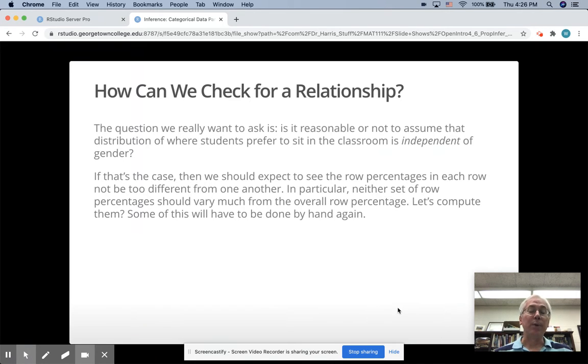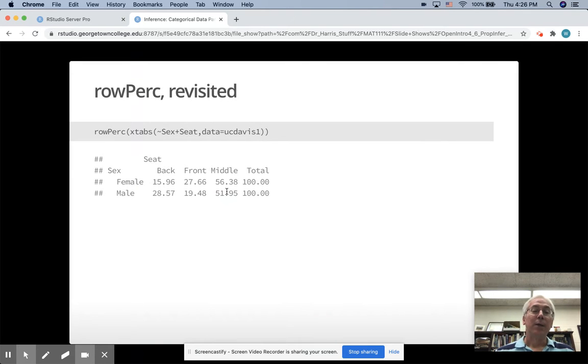And so if we apply rowPerc to the output of xtabs, we get the row percentages for the women and the men. And again, we see roughly 16% of the women said they prefer the back, about 27.5% prefer the front, well over half prefer the middle, and we have analogous responses for the men.